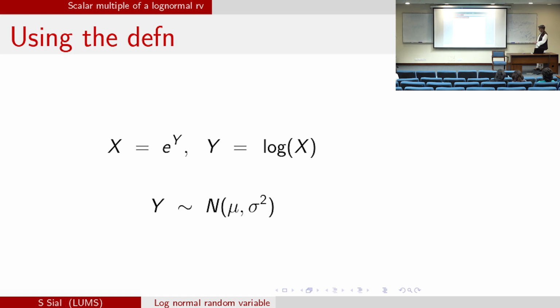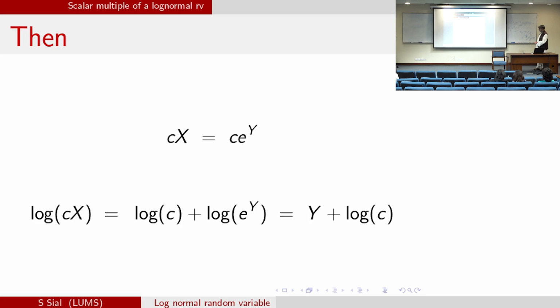What if I have c times X? The logarithm of c times X is the logarithm of c plus the logarithm of X, and X is e to the Y, so if I take the logarithm, I get Y. So the logarithm of c times X is a normal plus some constant.